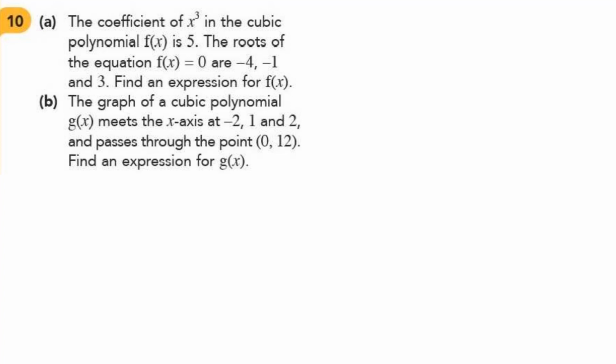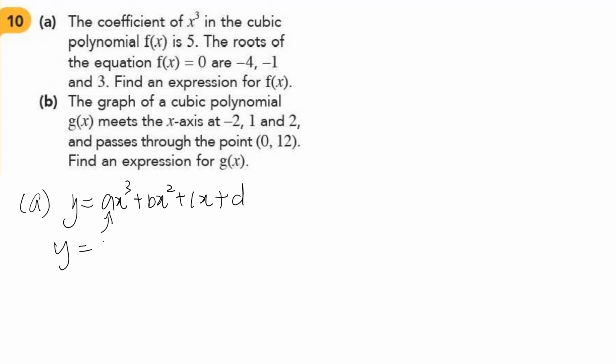The coefficient of x cubed in the cubic polynomial is 5. Coefficient of x cubed. Okay, so we all know that the cubic polynomial is ax cubed plus bx squared plus cx plus d. So what we are saying is that the coefficient of x cubed, which is the letter a there, is 5.